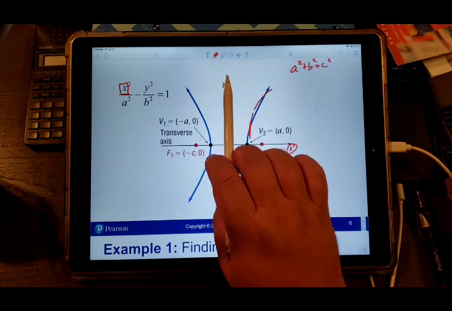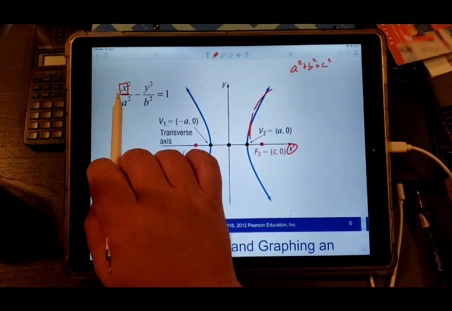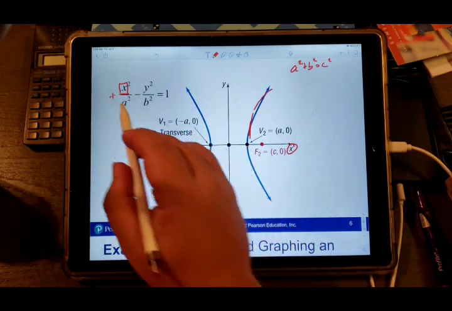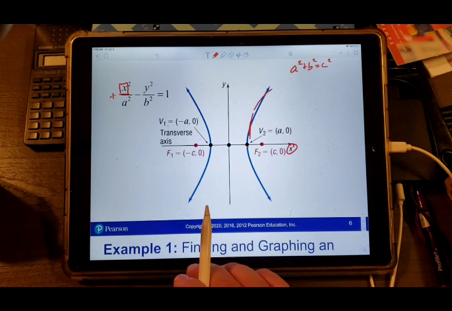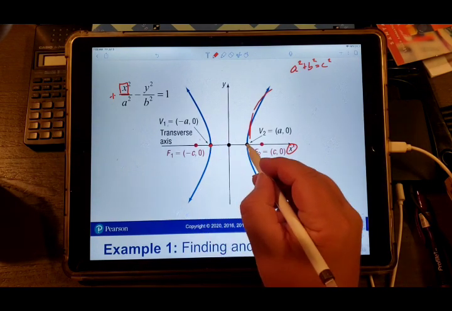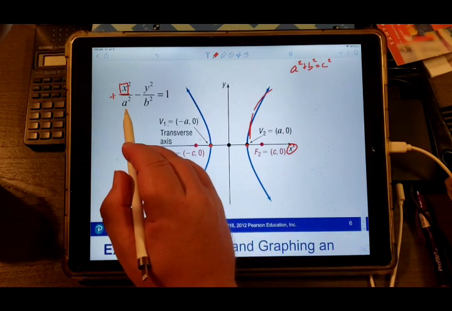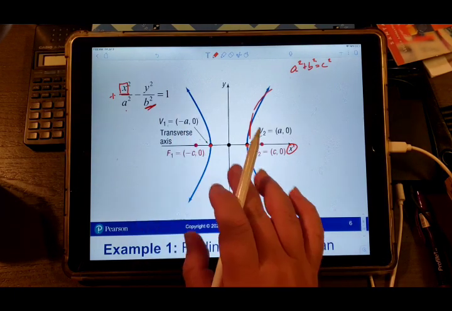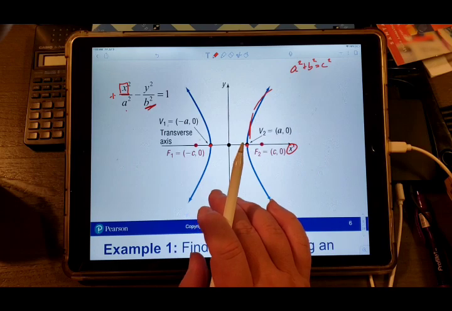If I wanted this graph to cross the y-axis, I would have had to put y first and subtract the other one. So the one that essentially has this invisible plus sign, that's the transverse axis. The points here and here are visible just from knowing what A is. And then B is not really pictured in this illustration or the next couple, so I have a little trouble with that.